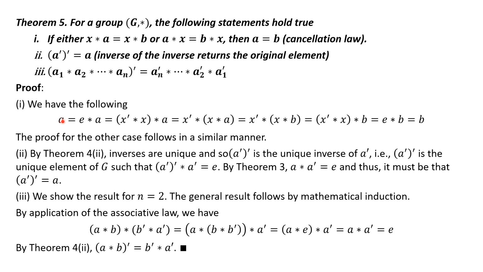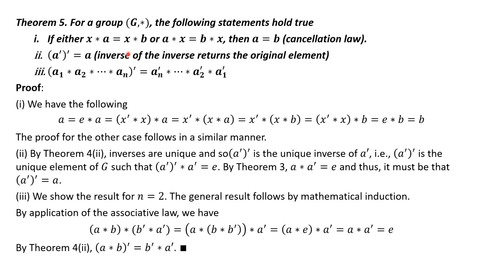First one, we'll just prove the first part because the second part is almost the same proof. So we start with A, that equals the identity times A. Then the identity equals X inverse times X, times A. Then we use the associative rule to combine the X and the A and have the X inverse separately here.